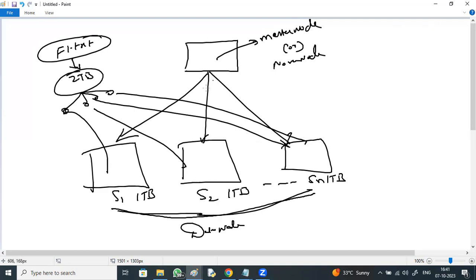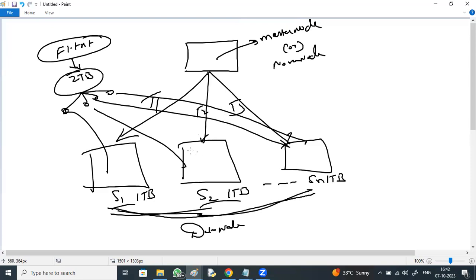Here the master node assigns tasks to the slaves: T1 task to S1, T2 to S2, T3 to S3. So who assigns the task? Master. Who executes the task? Slaves. The tasks will be equally assigned to the slaves, which we call load balancing.